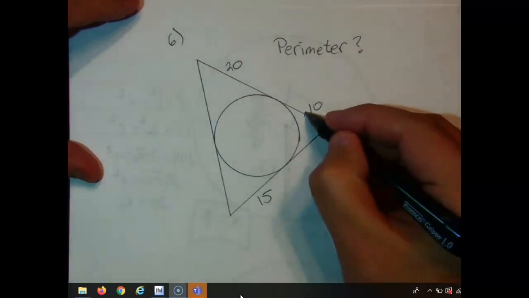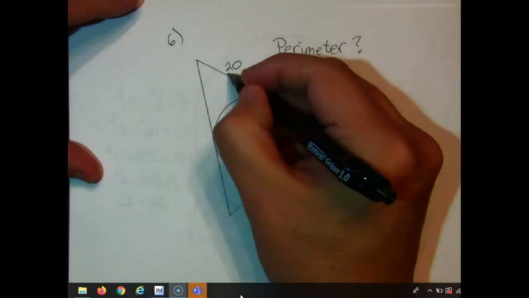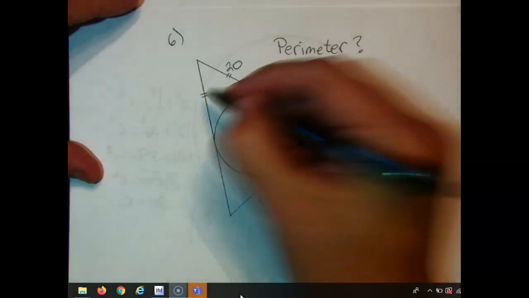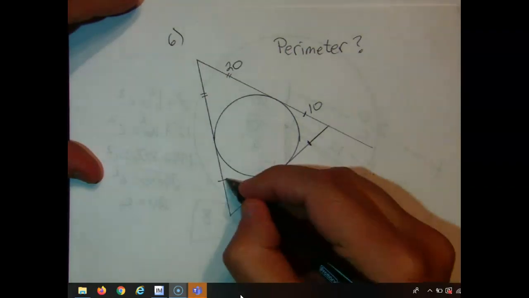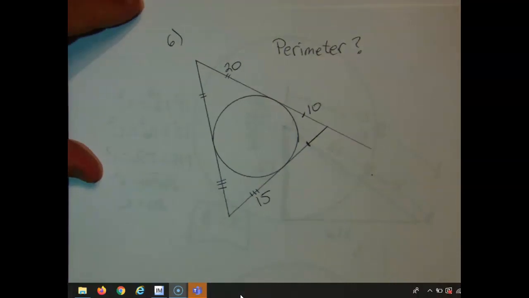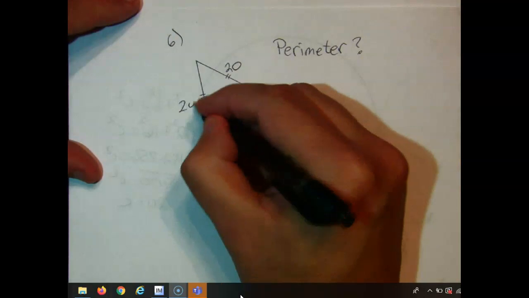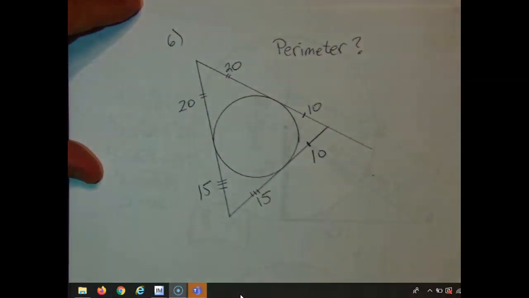So in other words, this tangent is congruent to that one. This tangent is congruent to this one. And this tangent is congruent to this one. So let's just go ahead and transfer the numbers. That's 10, so this is 10. 20 and 20, 15 and 15.